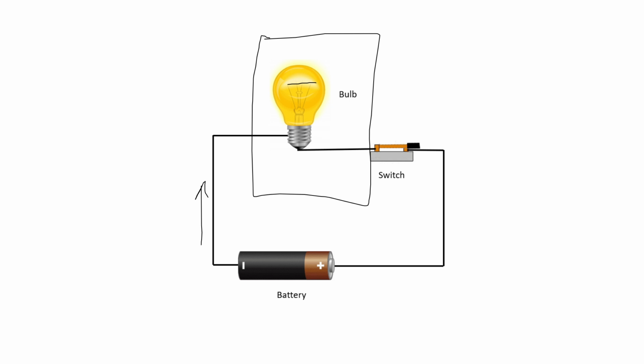But when you zoom in to see what happens at the atomic level, these electrons, as they pass through the filament, knock the atoms.